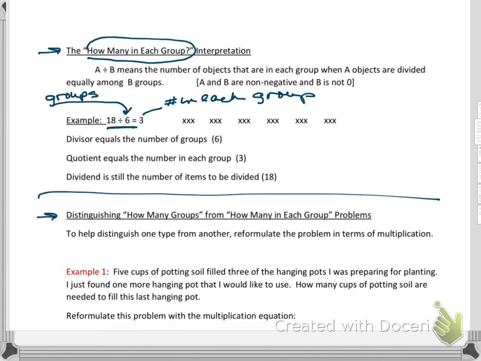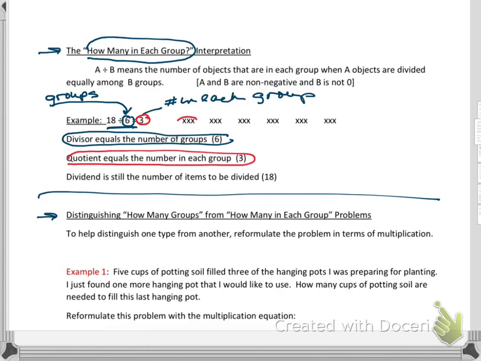Here I go through the divisor, the quotient, and the dividend once again. The divisor equals the number of groups, so we'll keep that blue. That's your divisor. Your quotient equals the number in each group. We'll have that be red. That's your answer. So these are the number in each group.